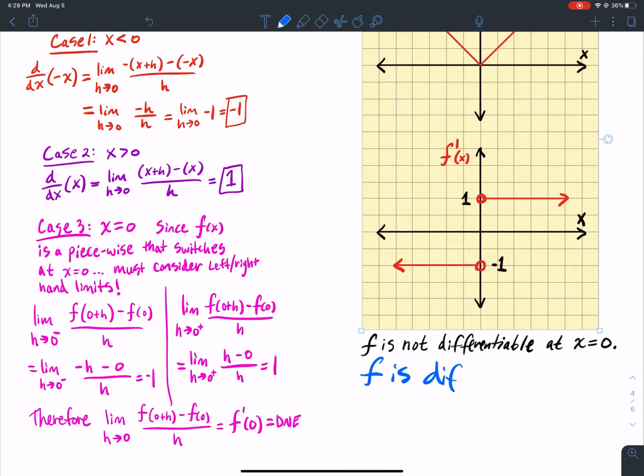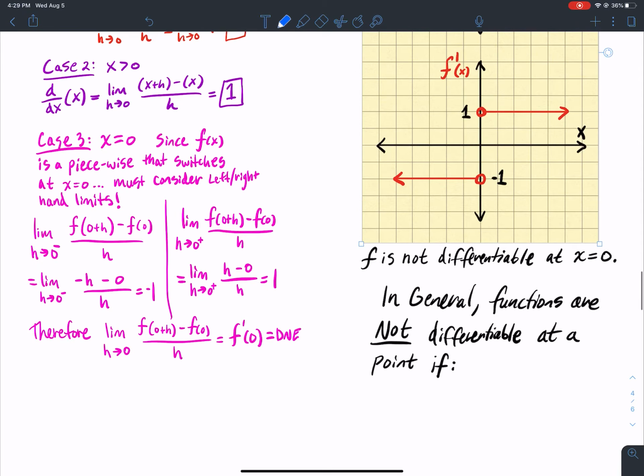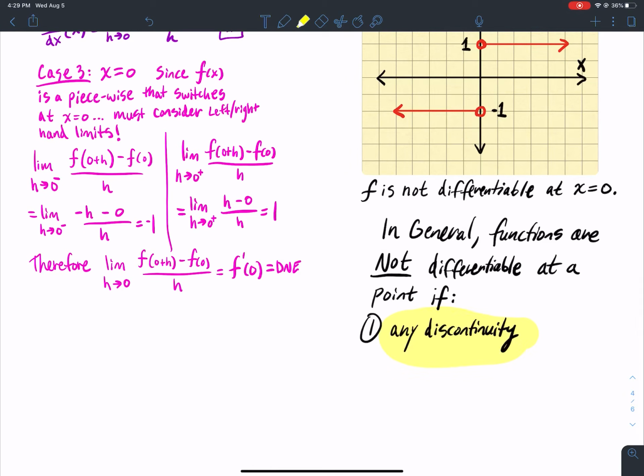So pretty close. Now, in general, functions are not differentiable at a point, okay? I'm stressing at a point, right? Not differentiable at a point using that definition, right? If there are any discontinuities, remember it's a necessary condition to be continuous.